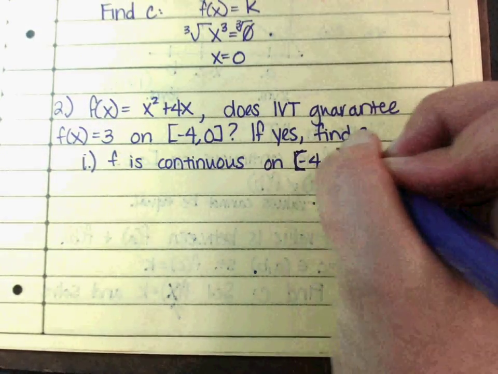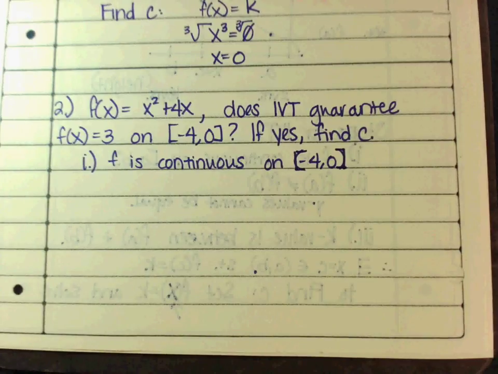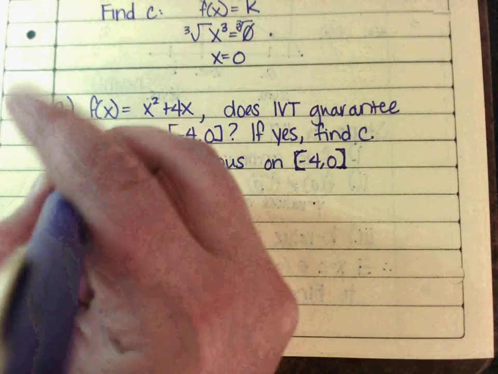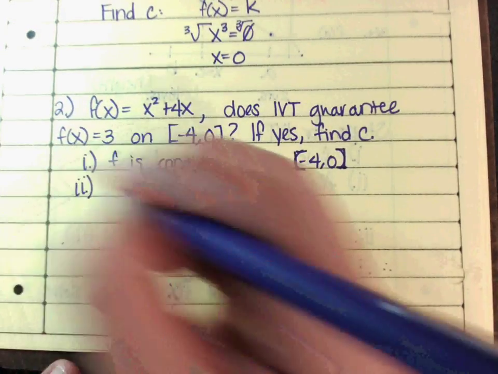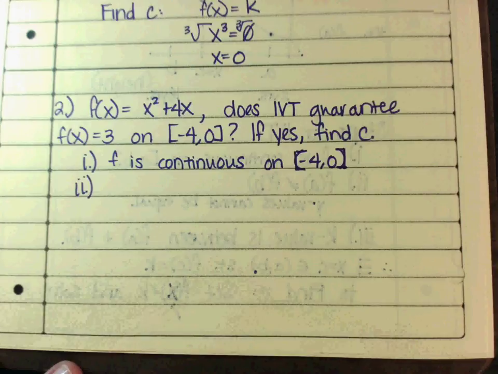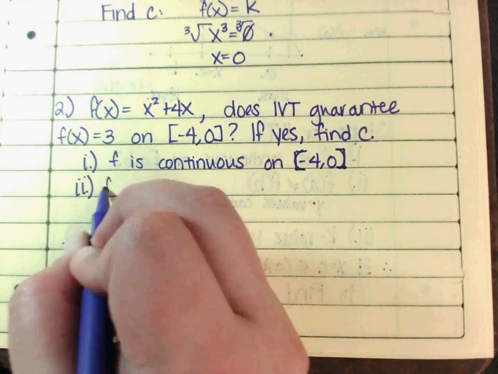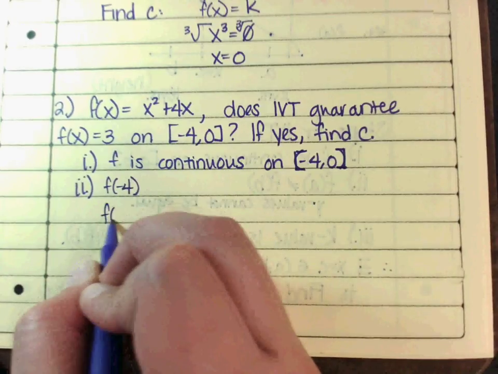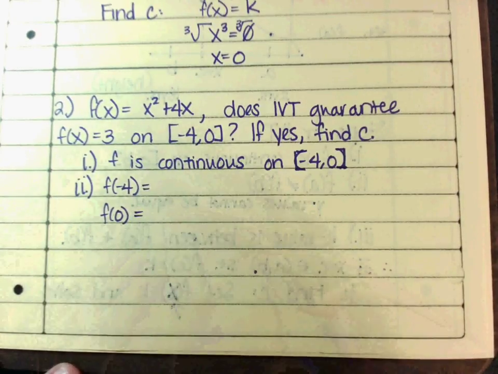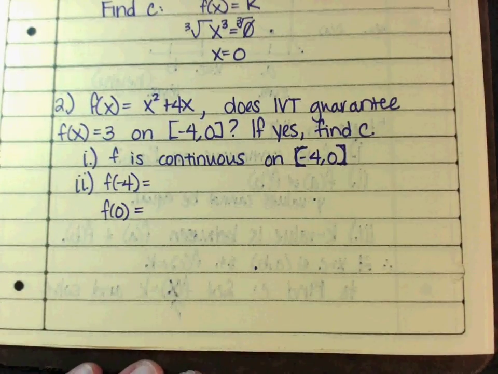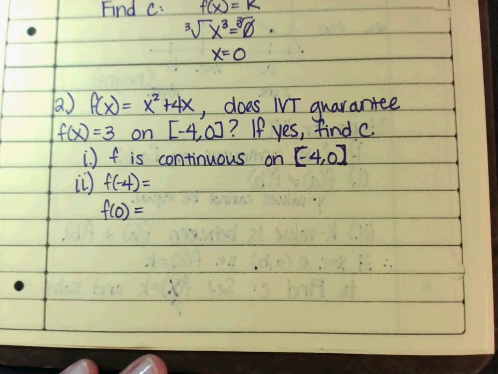Sorry. Okay, but is it also continuous for all real numbers? Sure. So in that case, you could put either one. Doesn't matter. Okay, step 2, what do I have to find? Okay, what is f of a and f of b here? F of negative 4 and f of 0. So find both of those for me. And what does the relationship between them have to be? They cannot be what? Equal.